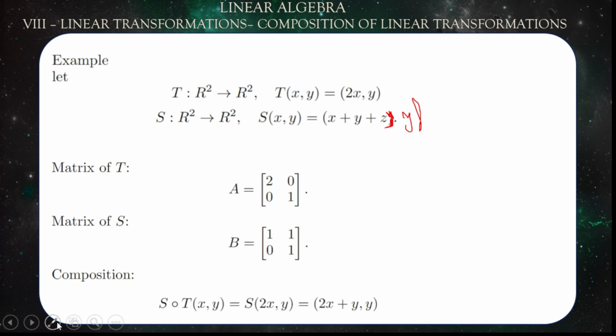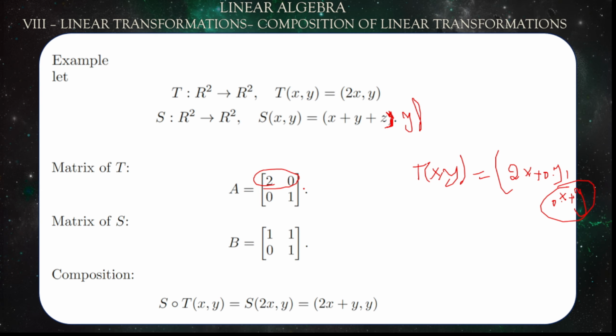In other words, it can be rewritten as T(x, y) is equal to 2x plus 0 times y and 0 times x plus y. Okay, so you have 2x plus 0y, which is 2, 0, that's the first row, and 0x plus y, so 0, 1.